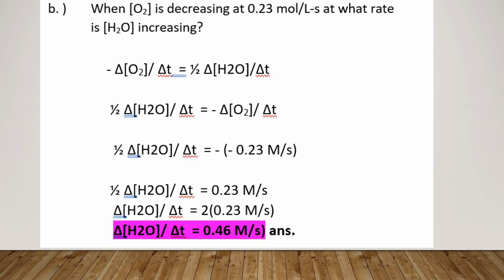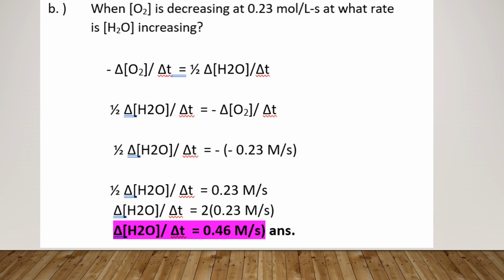Now for letter B, we are tasked to determine the rate at which water concentration is increasing. So from our answer in letter A, the negative change in concentration of O2 over the elapsed time is equal to 1/2 the change in water concentration over the elapsed time. Since we are only after the change in concentration of water over the elapsed time, we write it on the left side, equal to that of the negative change in concentration of O2 over the elapsed time.